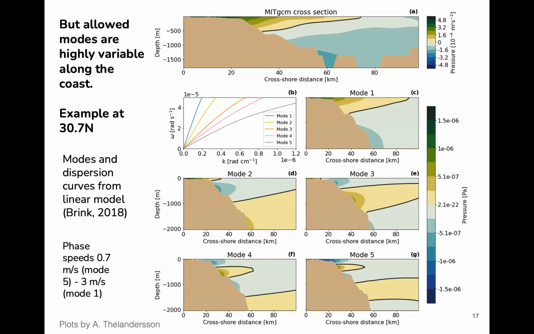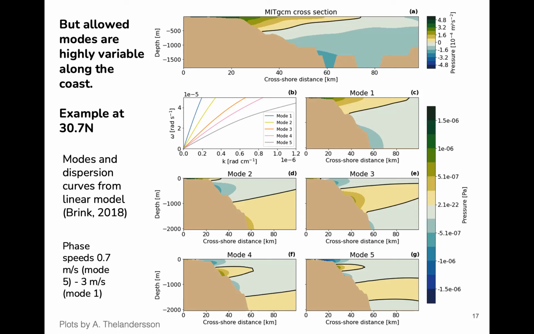What we found is it's really hard to put in the real topography, because then the model is not going to converge. But for some parts, you can put a smoothed version of the topography, and you get modes that look like this. I will stick with mode 1 for this one.